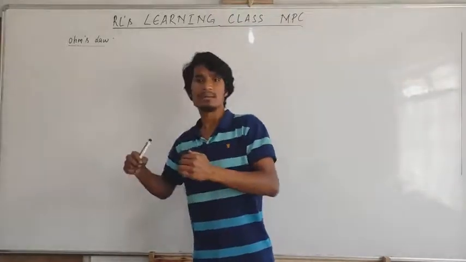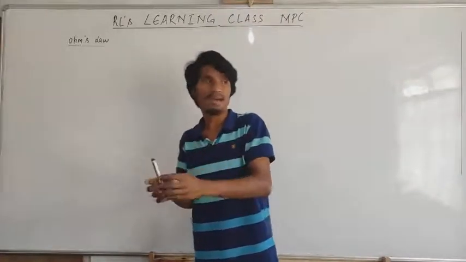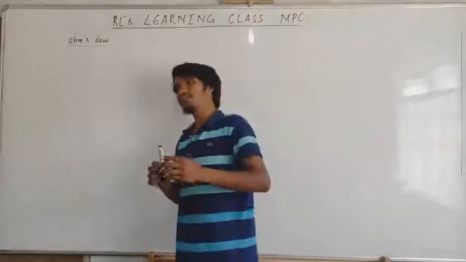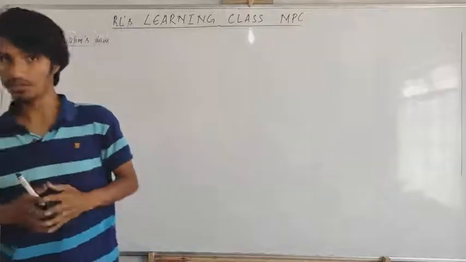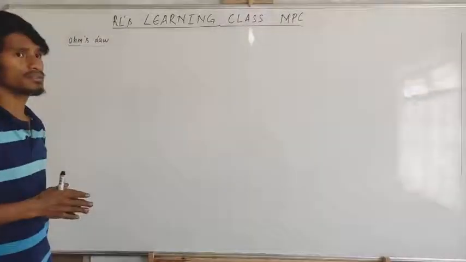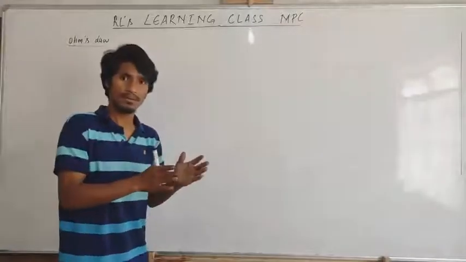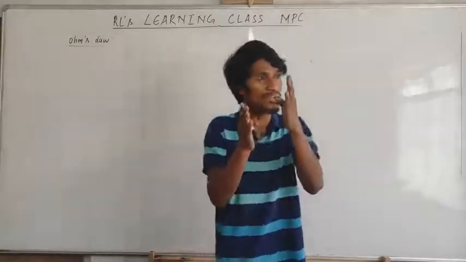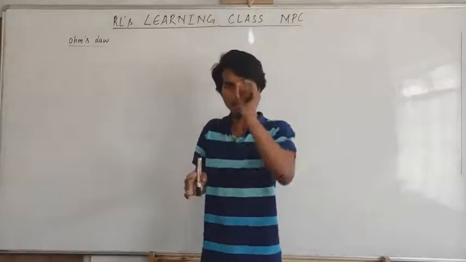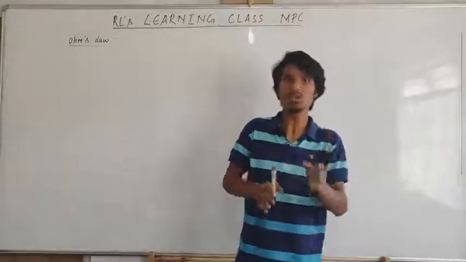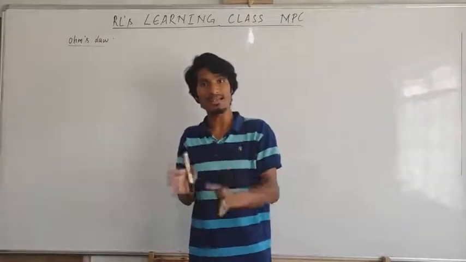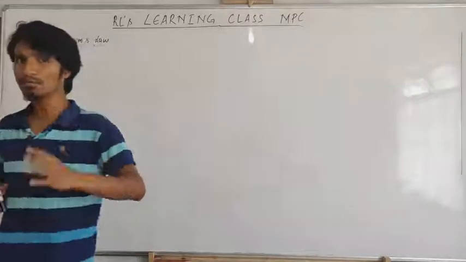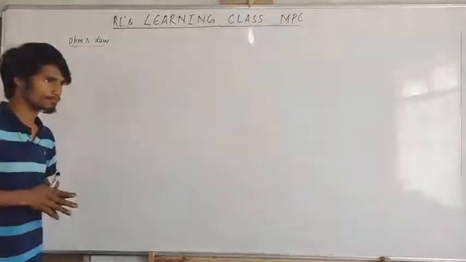At different physical conditions, when temperature, pressure and density change, the nature of the conductor also changes. But Ohm's law does not consider that. It says provided the physical conditions remain the same, meaning the pressure, temperature and density should always remain the same, that is, at room temperature. We will study room temperature in chemistry.